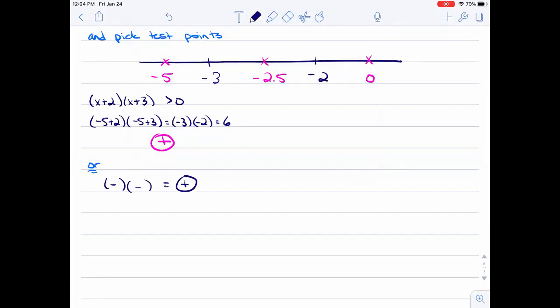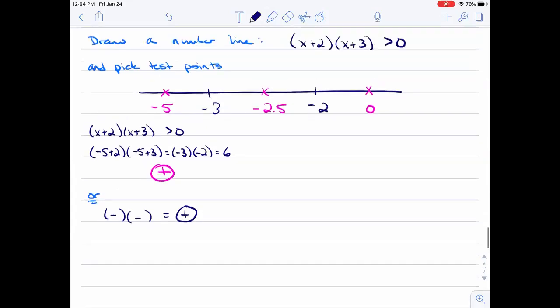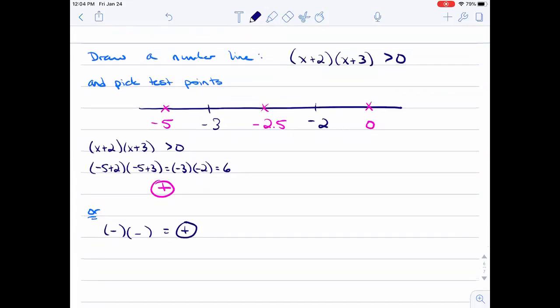Either way, in the interval negative infinity to negative 3, it's going to be positive, which satisfies the inequality. So this section's a go. It's greater than 0, but it cannot equal 0, and here, if it was at negative 3, it would equal 0.